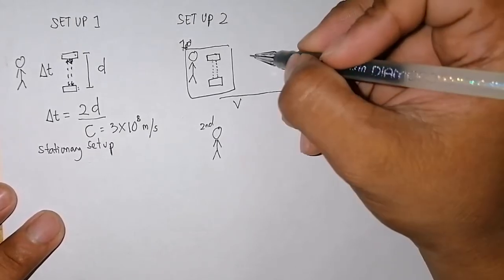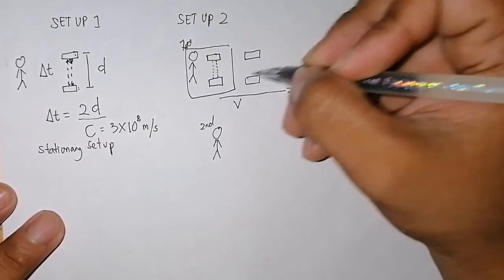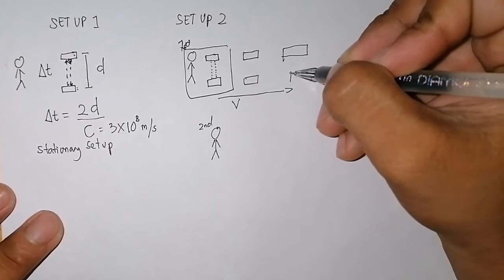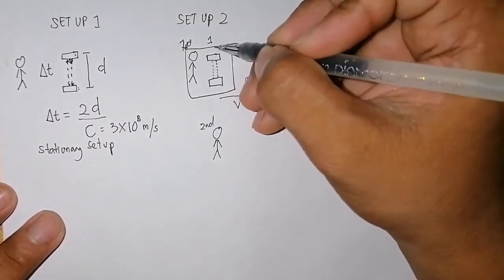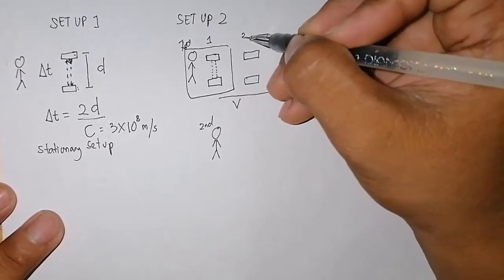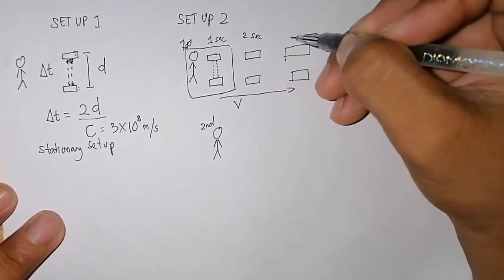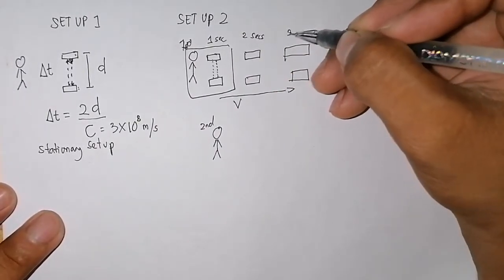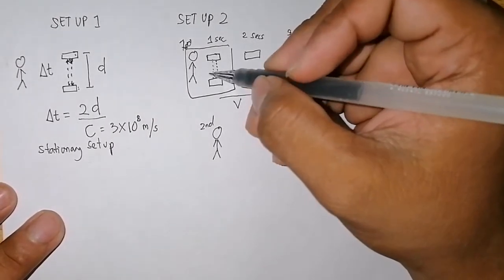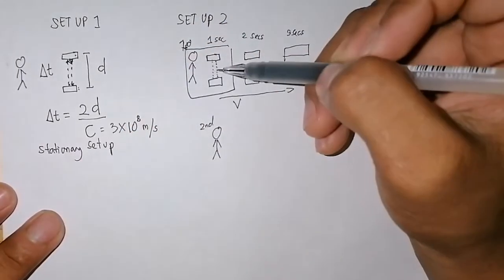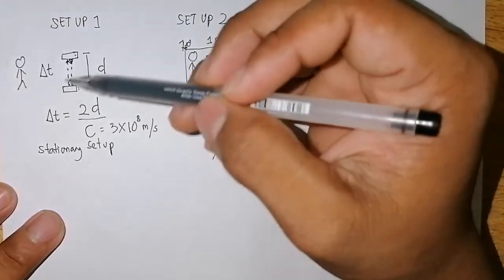Now we can infer that if it travels around a particular distance, in the first place we have here, after 1 second it is right here, after 2 seconds, and after 3 seconds it has already moved in here. So for him, the movement of this photon light is normally like this.